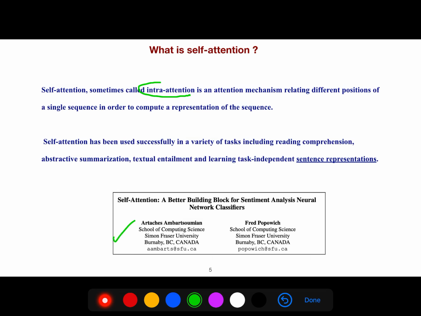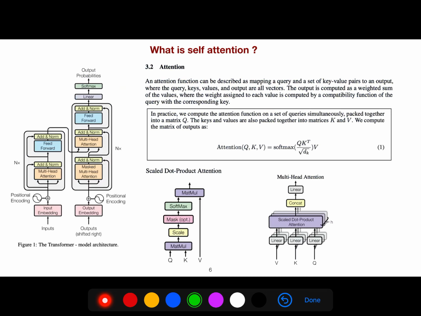So this article is about self-attention, which they use for sentiment analysis. So you're familiar with all of these ideas, that they have queries, keys, and values, and the scaled dot product creates this attention.